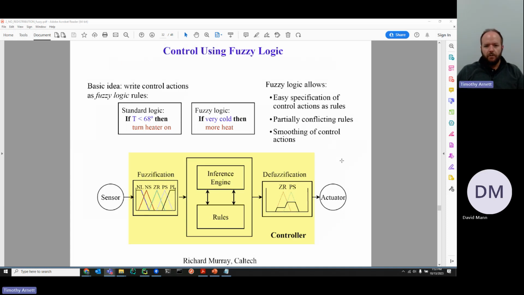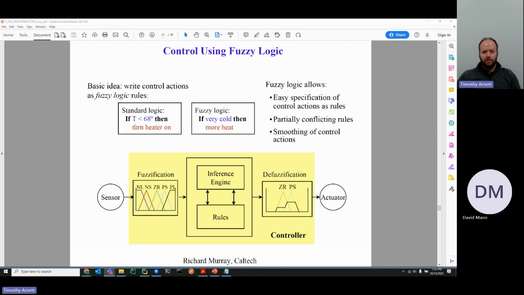So what does that look like using fuzzy logic? Well, we've seen that you have membership in a set. You can then associate those input sets with output sets, and you can represent those using fuzzy logic. So those control actions as rules might be something like, well, let's look at an example that has standard logic first. And in this example, let's say it's a heating system in a house.